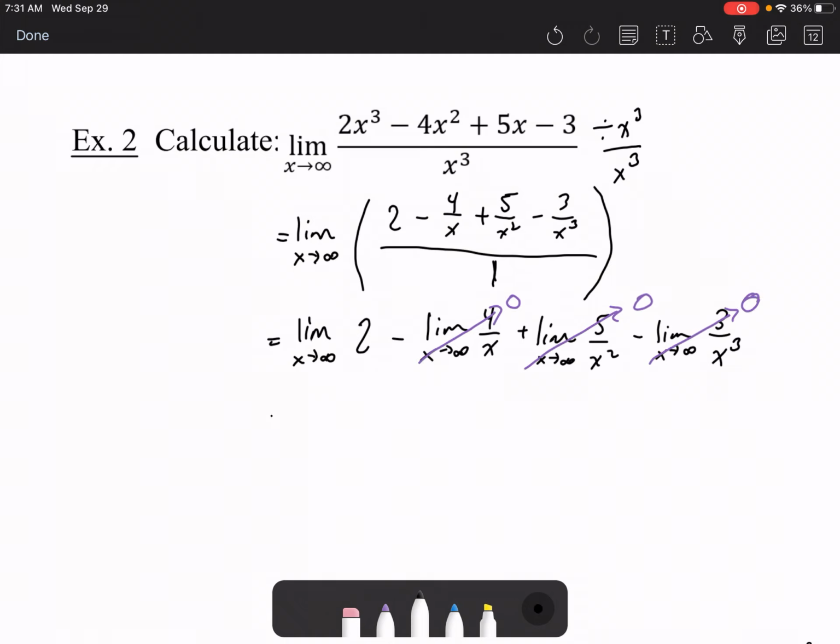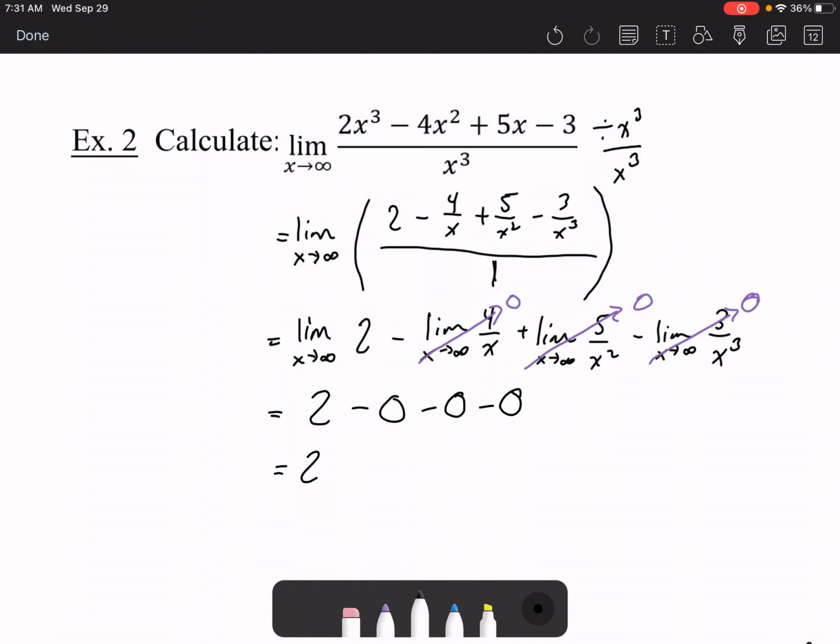So based on our limit properties, I know this is going to be the value 2, this one's going to be 0, this one's 0, and this one's 0. So this overall limit turns out to be 2, which is the end behavior of this function. This tells you what the function is going to get close to as x gets large.